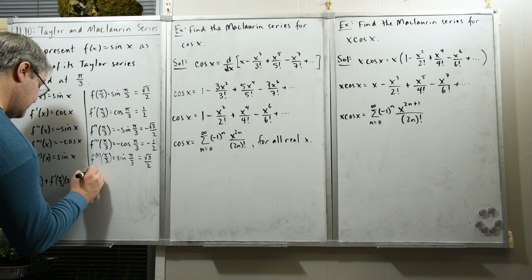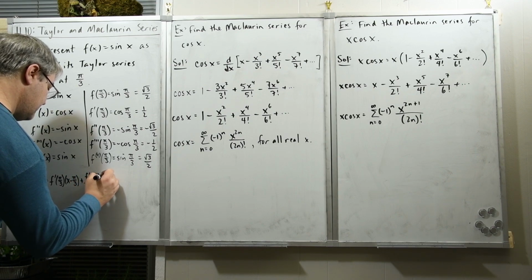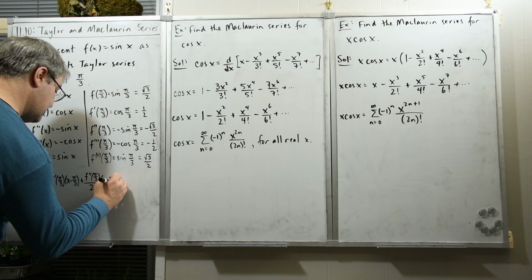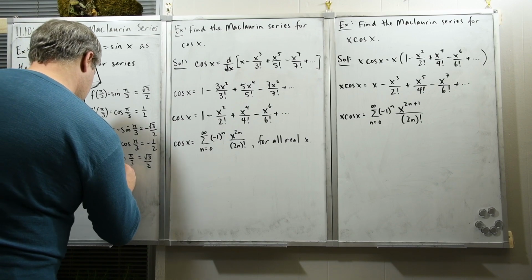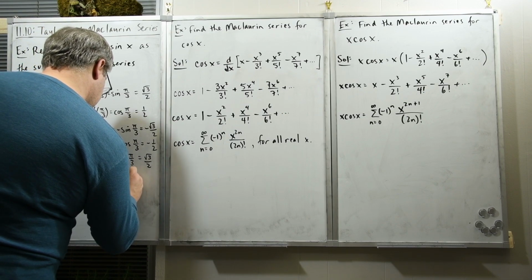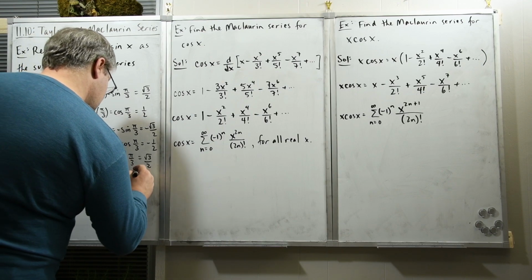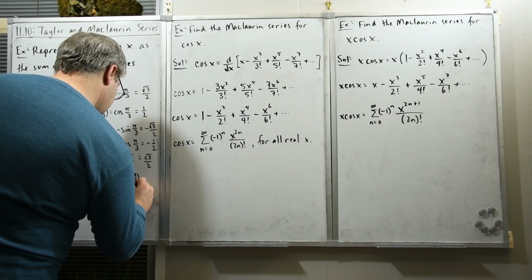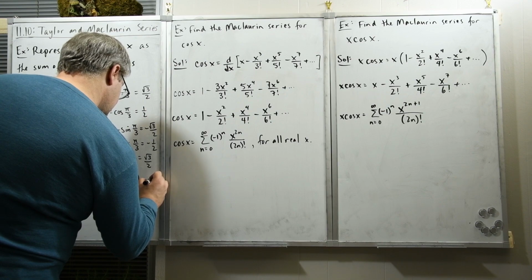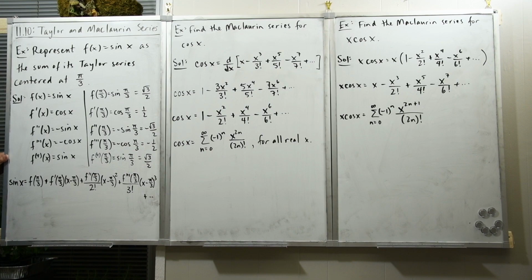And then we'll have f double prime of pi over 3 over 2 factorial times x minus pi over 3 squared, plus f triple prime of pi over 3 over 3 factorial times x minus pi over 3 cubed. And it just keeps going on and on.